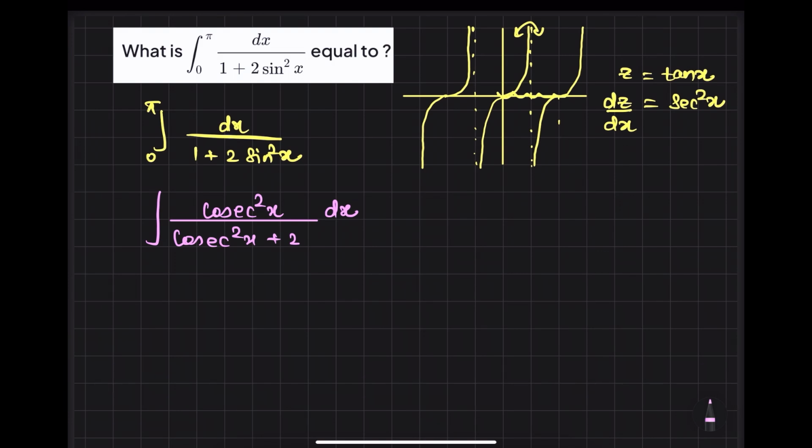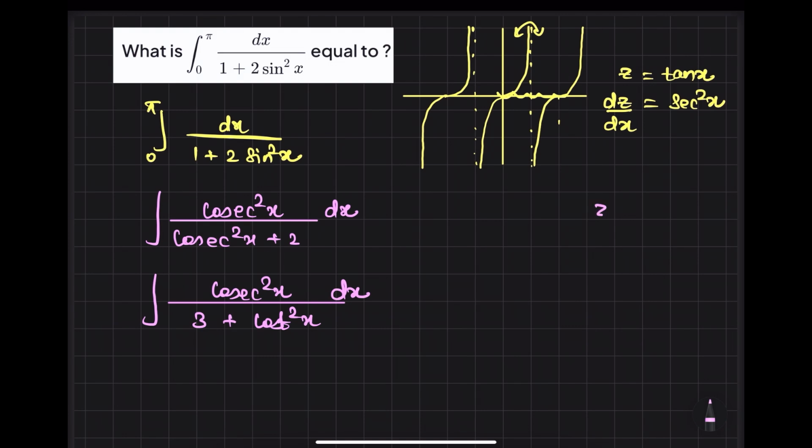Now convert the denominator into cot. Cosec square x, you know, is 1 plus cot square x. So 1 plus cot square x plus 2 will become 3 plus cot square x, dx. Correct?